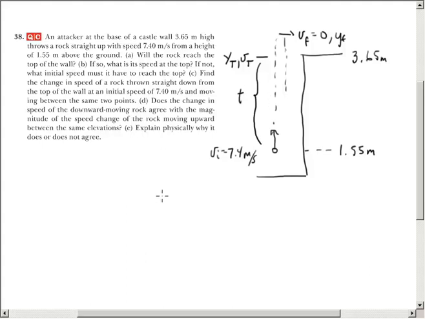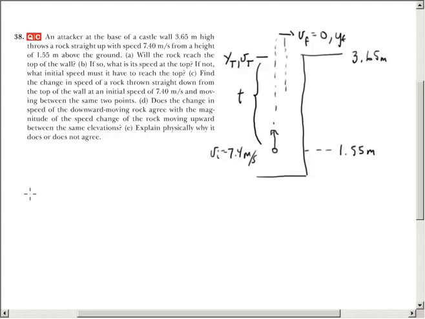And the first question we want to ask is, is there a relationship that we know of that involves the time, the acceleration of gravity, and the initial velocity, where we can predict the height the particle will reach?